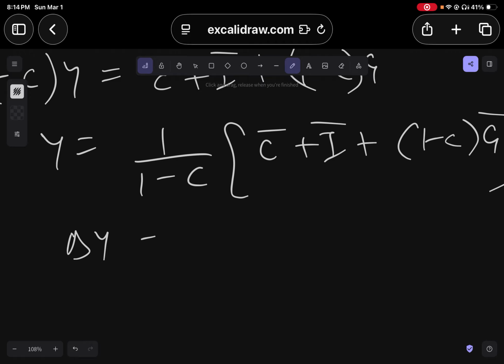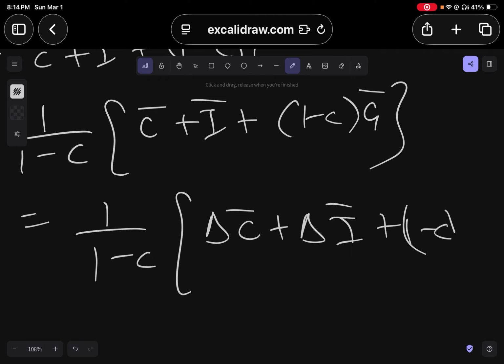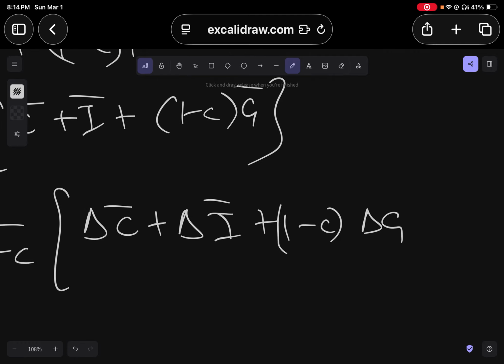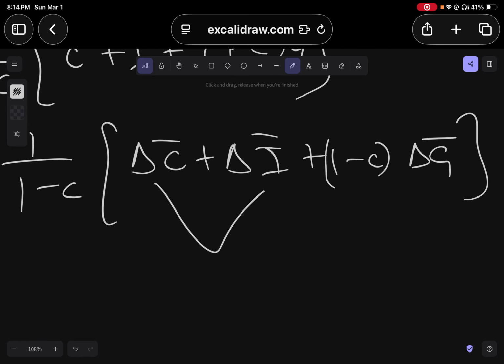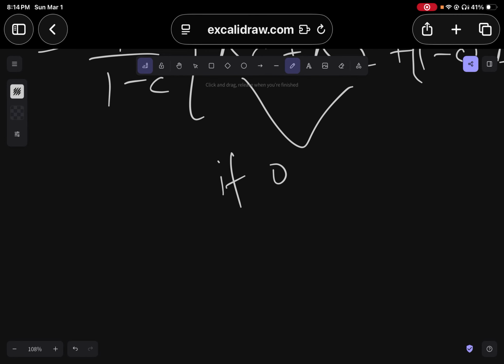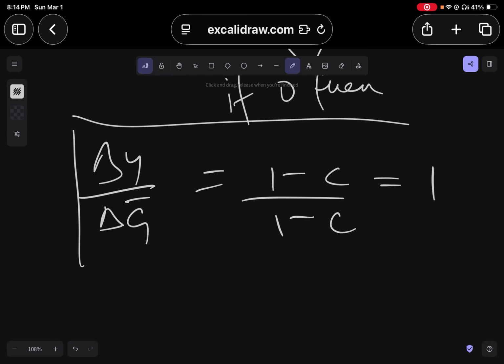Delta Y is equal to 1 upon 1 minus C times delta C bar plus delta I bar plus (1 minus C) delta G bar. If delta C bar and delta I bar are equal to 0, then balanced budget multiplier with lump sum tax is 1.